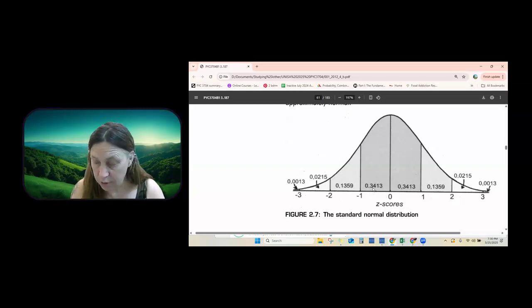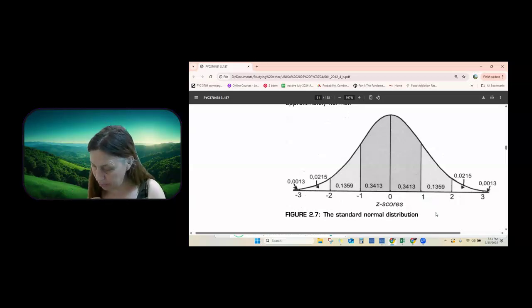The formula is Z equals X minus the mean, over sigma. Which means Z equals whatever number you're working with, X, the variable, minus the mean, the average, divided by sigma. And then we can plug it in.